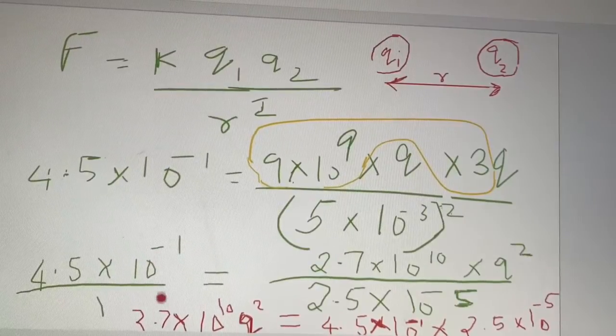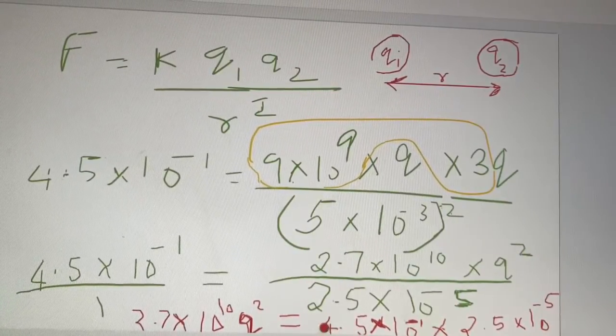We'll cross multiply both the fractions to make q square the subject. So right now 1 is getting multiplied to 2.7 times 10 to the power 10 times q square, which is equal to 4.5 times 10 to the power minus 1 times 2.5 times 10 to the power minus 5. So now the fraction form of the equation is gone and it looks like a simple equation.